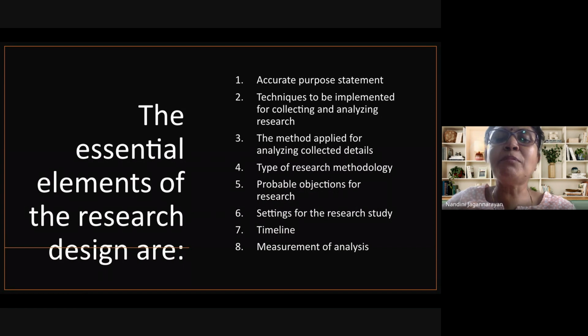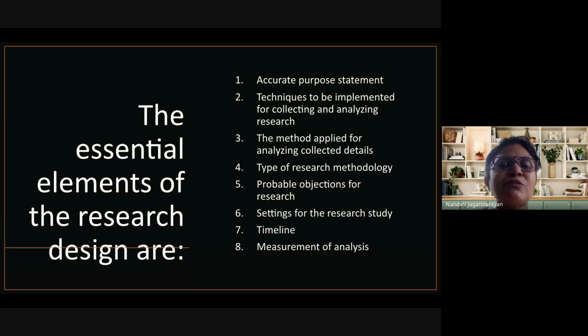Any kind of probable objections which may or may not be there, right? So I have my limitations spelled out, and the scope of the study also spelled out. When I'm drafting a research design, I have to be very clear. These things will be spelled out in my research methodology area, but I need to understand these, right?